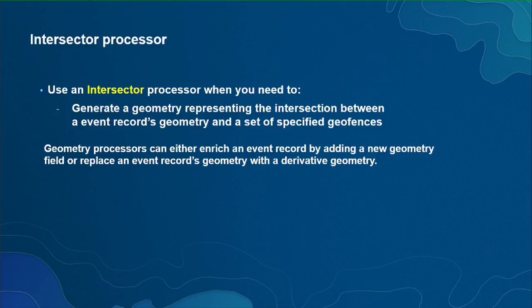I was using it in the demo to create an intersection between the inbound polygon and a set of polylines that represented critical assets. The output of the intersector was a single multi-part polyline that represented that intersection. Geometry processors, all of them, can either enrich to add the result of the geometry or can overwrite the original event's geometry.